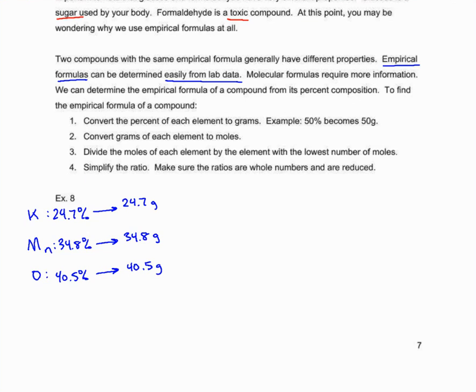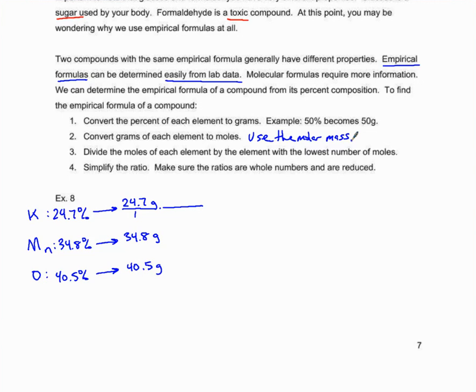Step 2 says convert the grams of each element to moles. And so I'm going to change this number to moles. And it's a quick dimensional analysis problem. And we're going to use the molar mass.